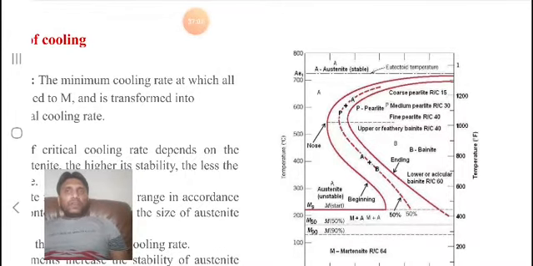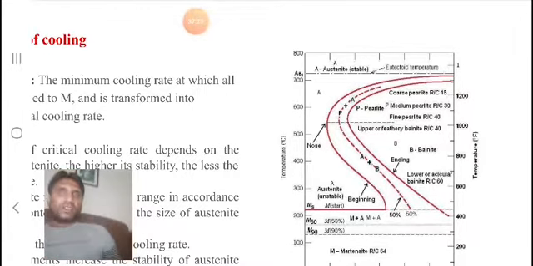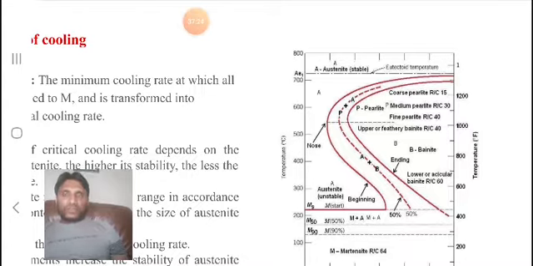So above the A2 A3 line, austenite is very stable, that we can see in the cooling curve, or time temperature transformation. Actually this curve is called the time temperature transformation curve, which we will be discussing in the future video sessions.